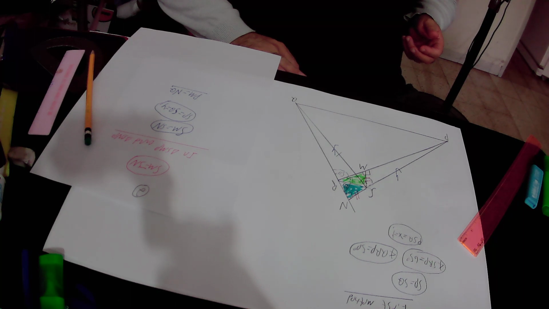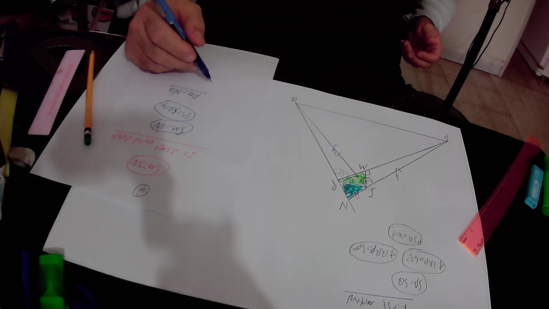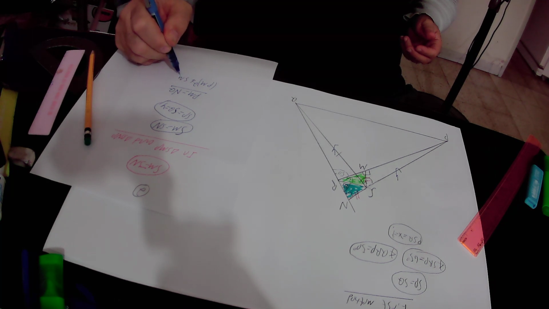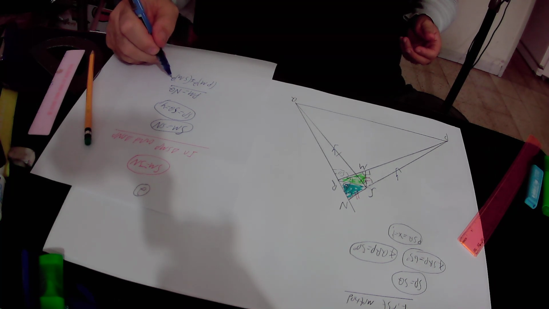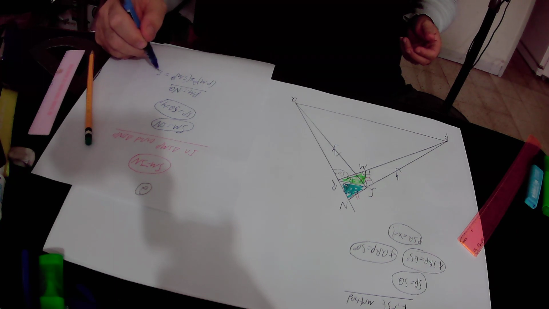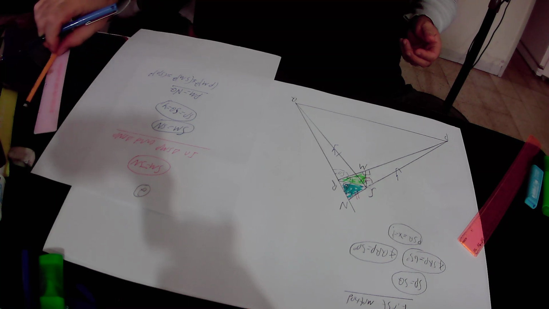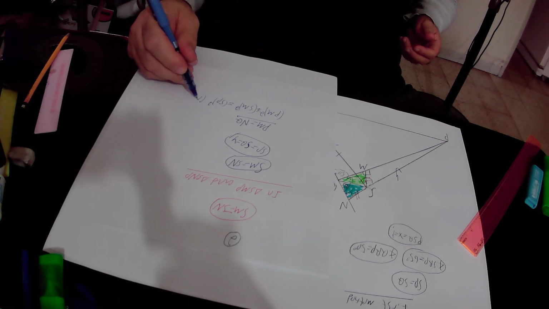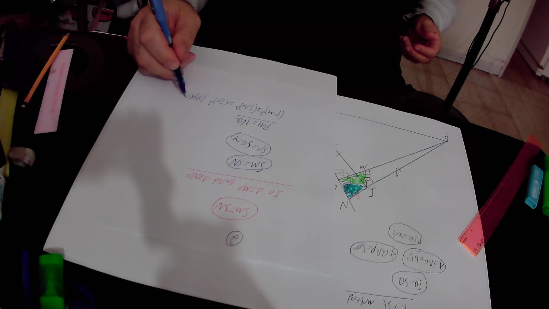That is to say, PM square plus SM square will be equal to SP square, according to the Pythagorean theorem.